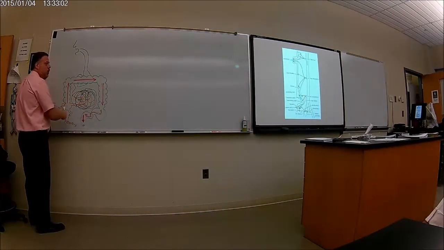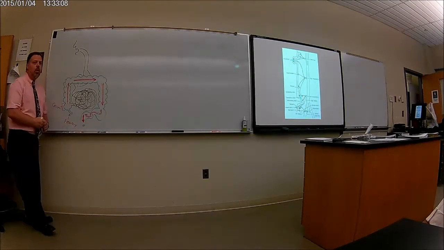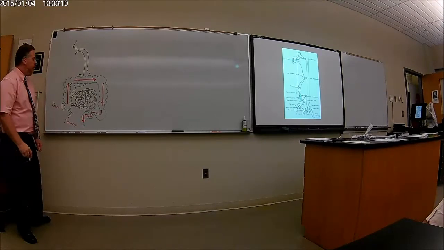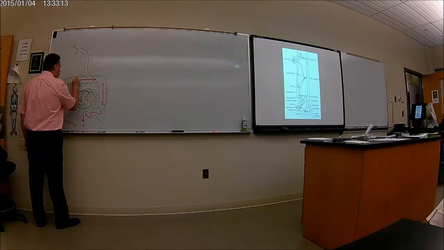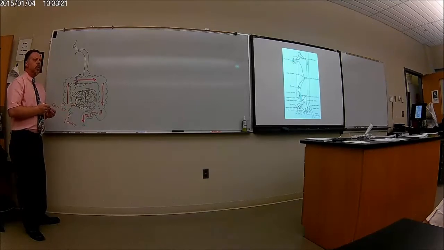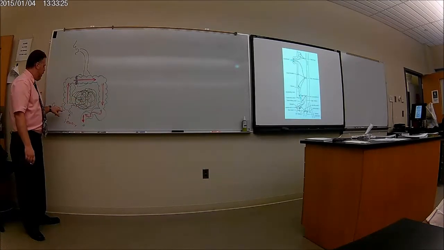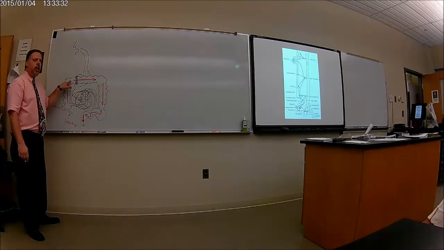All the small intestines, the cecum, the appendix, all the ascending colon, and the first third of the transverse colon. Superior mesenteric gives blood supply to the small intestines, the cecum, the appendix, the ascending colon, and the first third of the transverse colon.